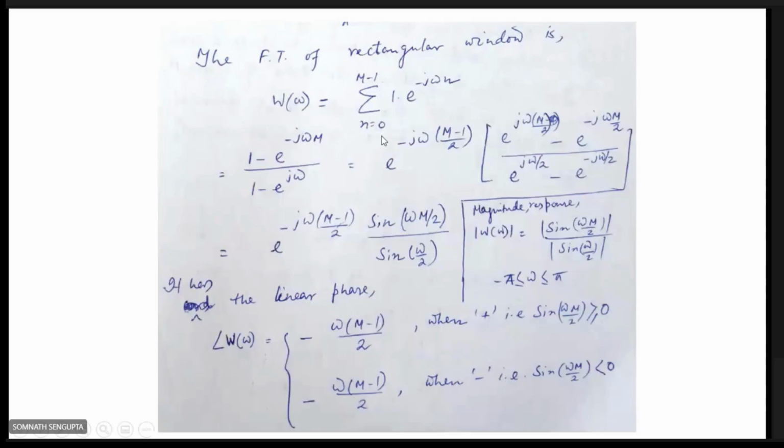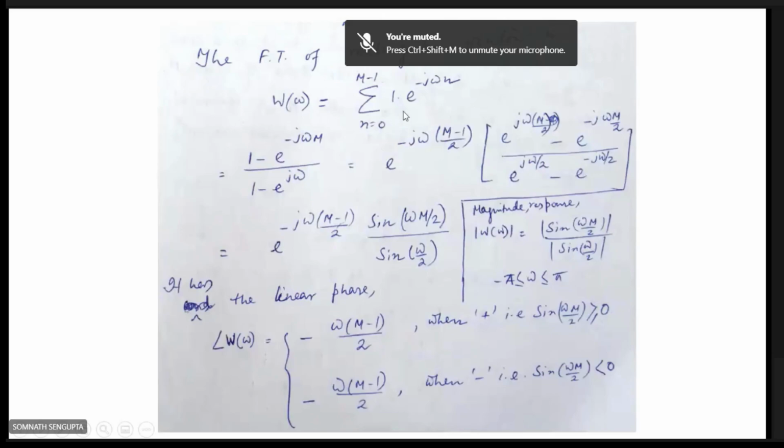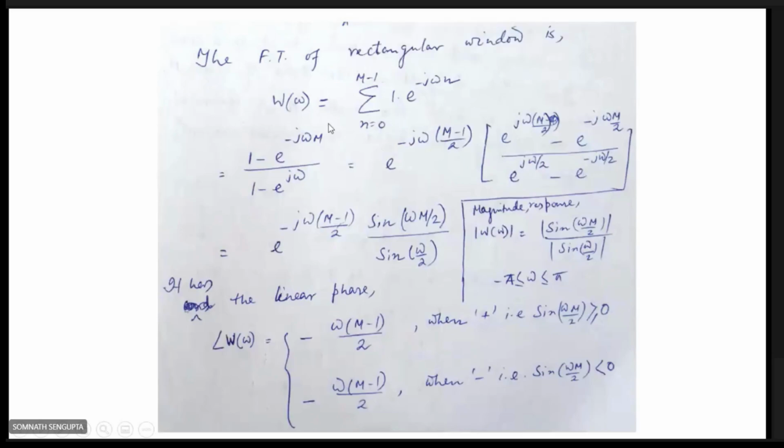Now, if you take the rectangular function as the window function, you calculate its Fourier transform, W(omega). Using the discrete function, that is 1 for points 0 to M minus 1, so sum of 1 into e to the power minus j omega n.